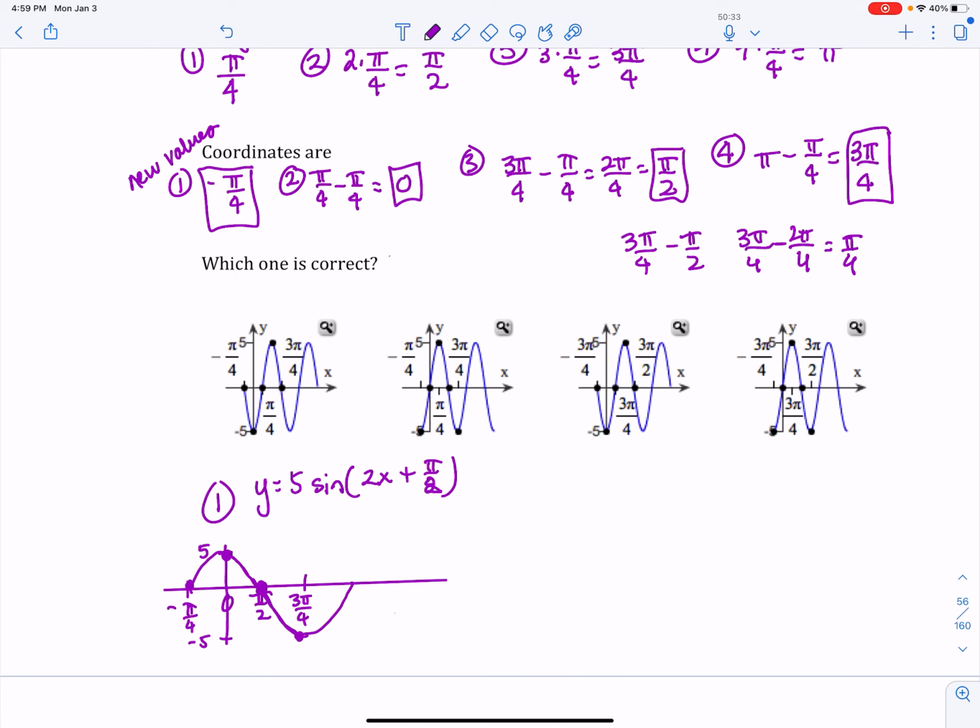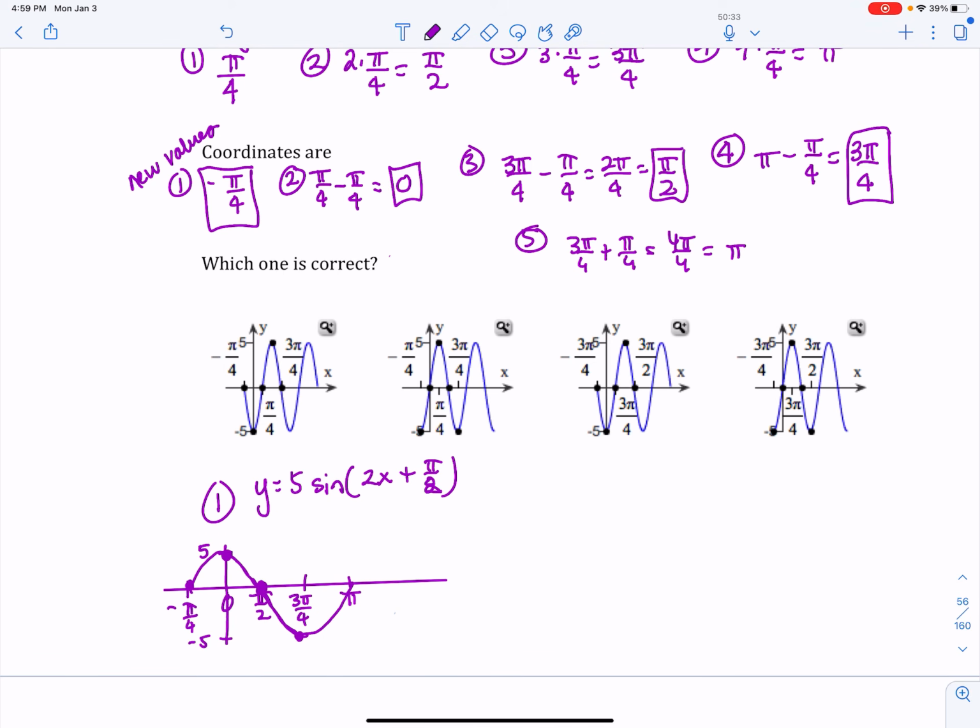It's the difference between the two. So if I add 3 pi over 4 plus pi over 4, I get 4 pi over 4, which is just pi. Okay, so I want to go ahead and label that in.